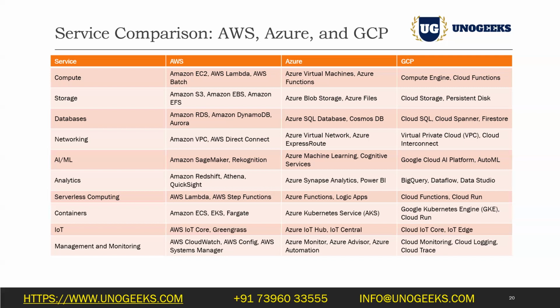In AWS, Amazon Web Service, we call it Amazon S3, Amazon EBS, and Amazon EFS. You just remember the terminologies. That's enough: Amazon S3, EBS, and EFS.